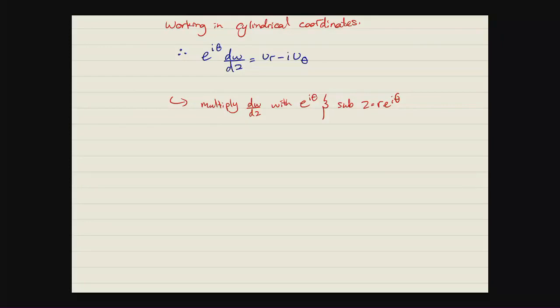Okay, so therefore I'm going to get negative U infinity e^(i theta) times 1 minus a squared over r squared e^(i 2 theta), minus i gamma over 2 pi r e^(i theta).